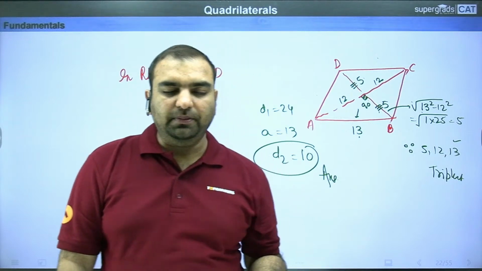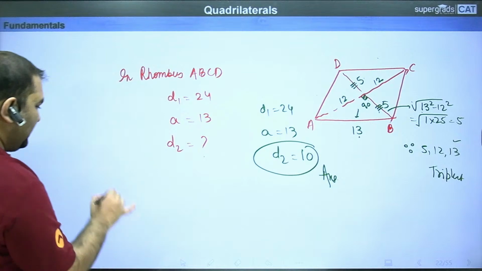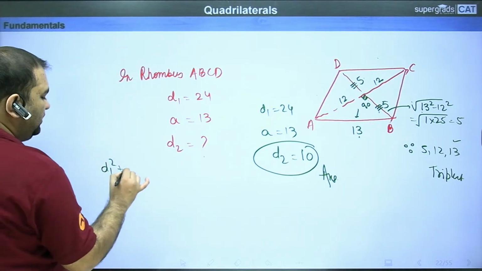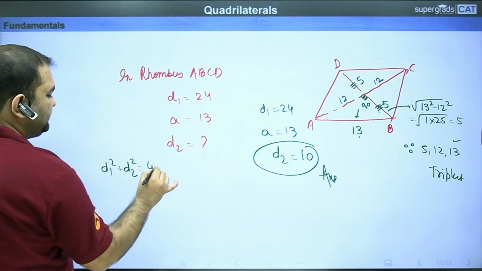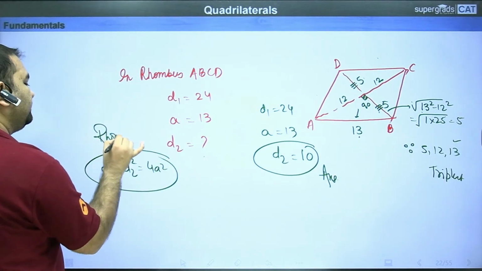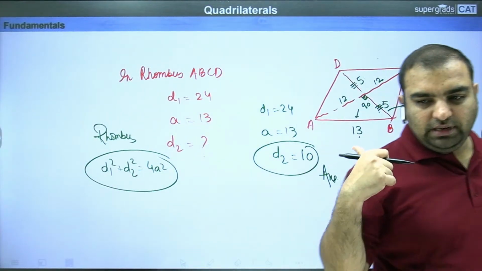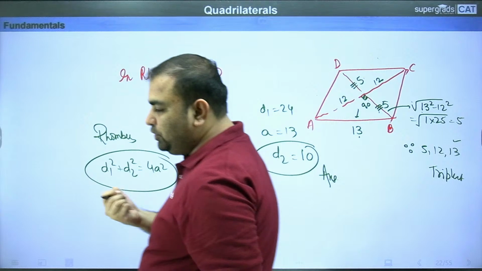But people who like applying formulas can also apply: d1 square plus d2 square is 4 times a square in a rhombus. My recommendation would be doing it the first way, but if you want to go for the formula, you can.